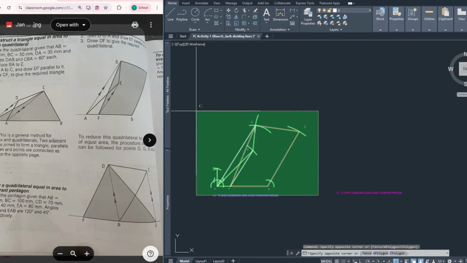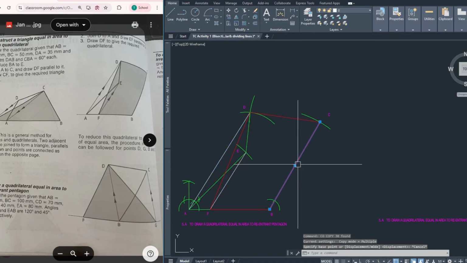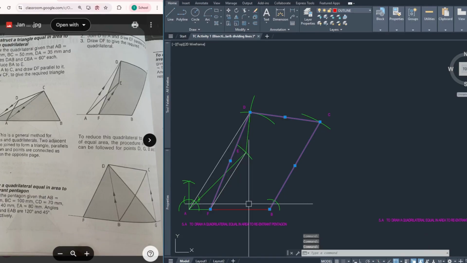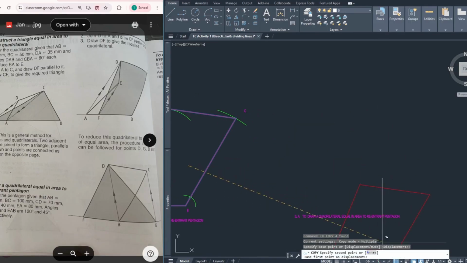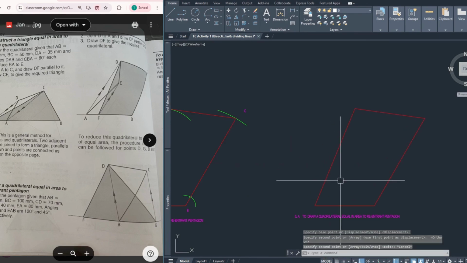So in order for me to allow you to understand, I'm just going to copy just the quadrilateral and bring it over. If this is easier for you to do, get the quadrilateral first and copy it over, no problem. But usually you do it on the same diagram.